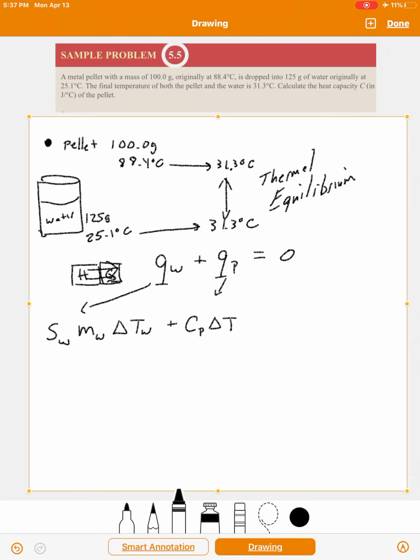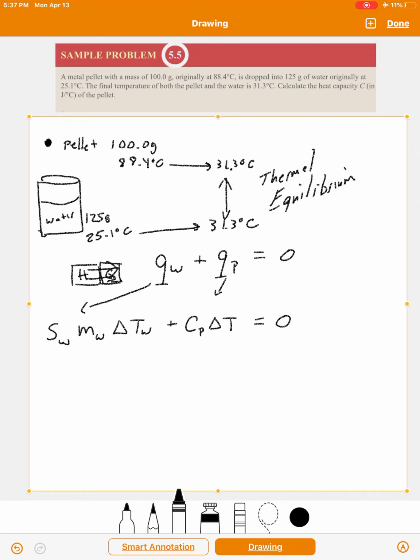The heat capacity is what it asks us to find. So let's just go ahead and use that form of the calorimetry equation. We could do S m delta T, but they want the heat capacity. If they had said, hey, it weighs 100 grams and we want the specific heat of the metal, we could do that. We could do S m delta T, but it asks for C. Those two added together are zero, right?